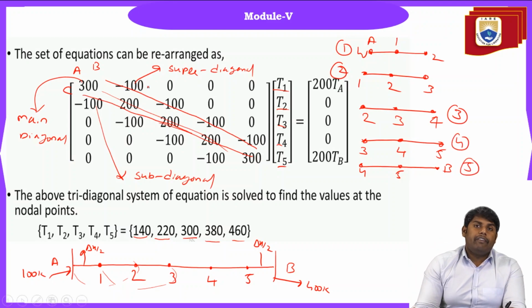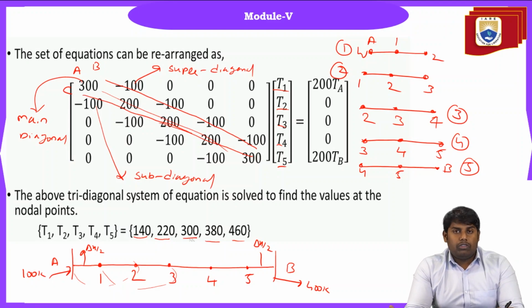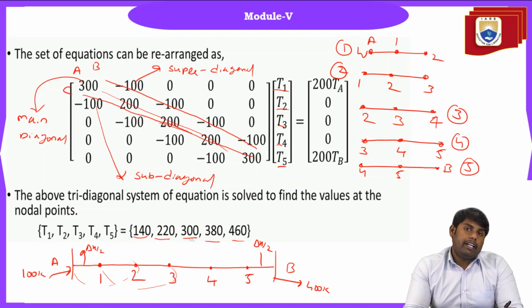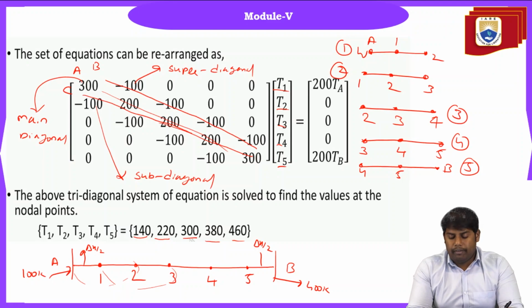So we have divided a 1 meter rod into 5 elements. It's not necessary that we take only 5 elements. We can take 10 elements. If I take 10 elements, each one has 0.1.